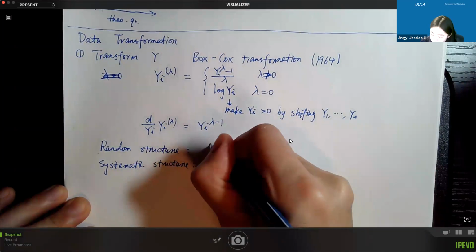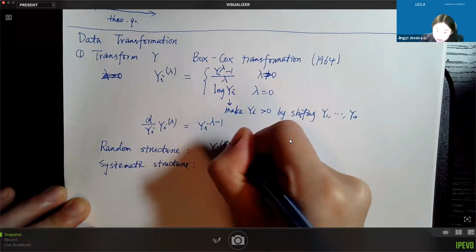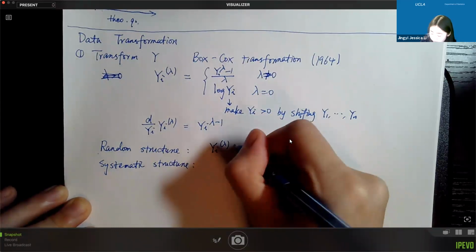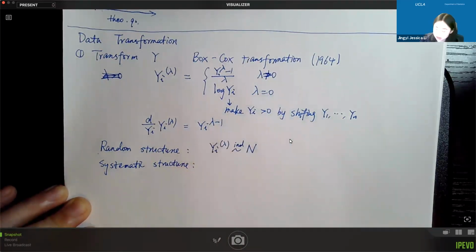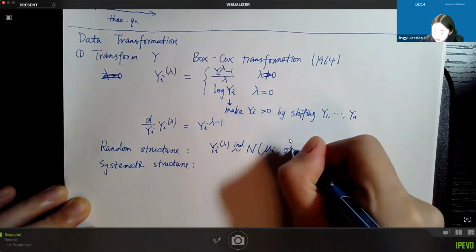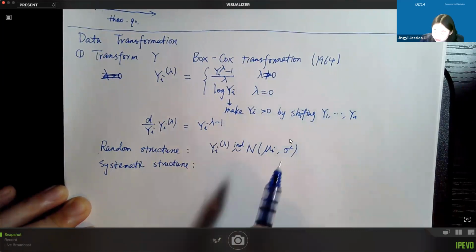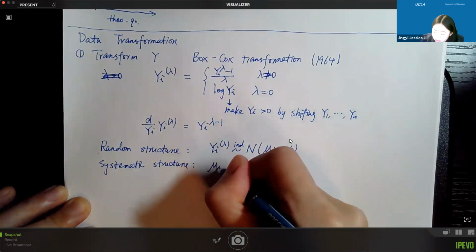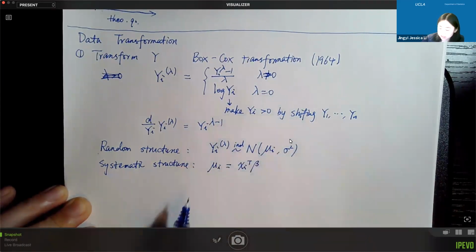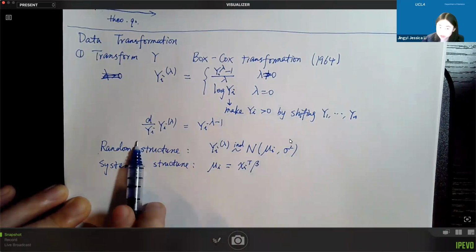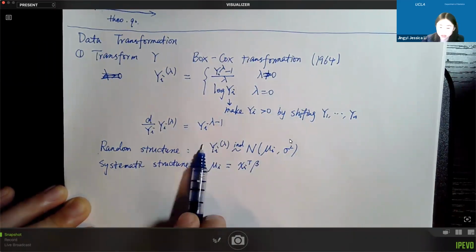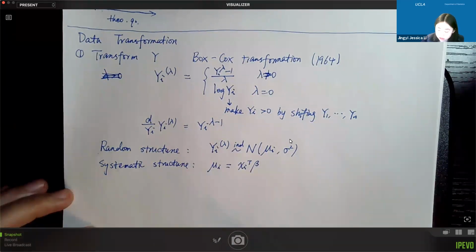Here the random structure becomes: y_i^(lambda) itself follows a normal distribution, independent across i, with its own mean mu_i and the same variance sigma squared. And the systematic structure for each i is still linear, x_i transpose beta. So this stays the same, but the random structure is changed by changing the random variable from y_i to y_i^(lambda).